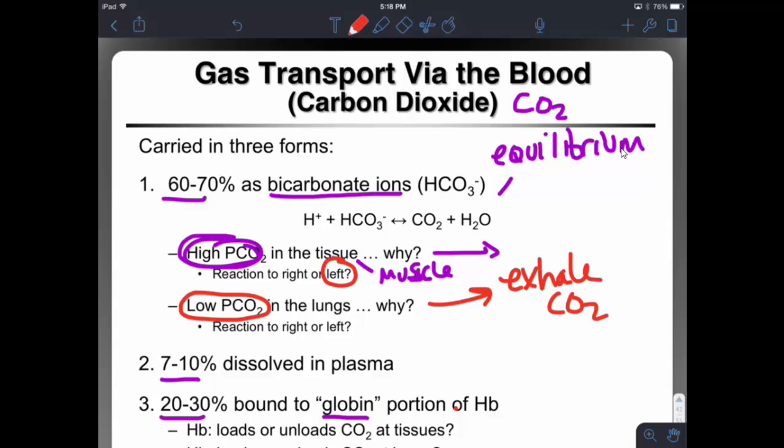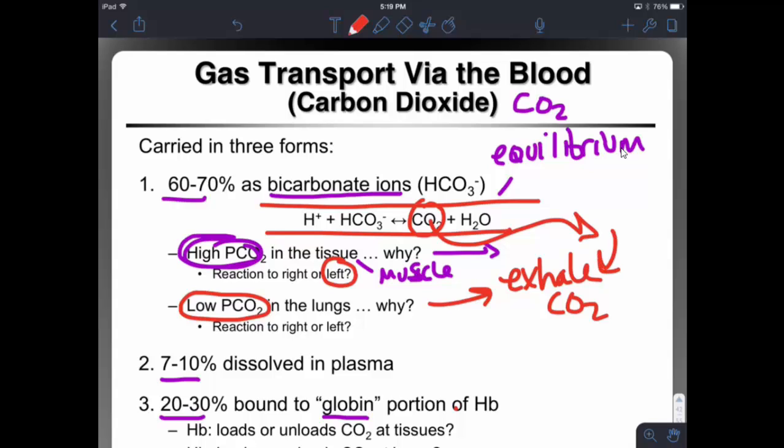So we're losing CO2 to exhale, and therefore the PCO2 is relatively low. This is also going to disrupt this equilibrium, and in order to re-equilibrate, this reaction will shift to the right to replace some of the CO2 that was lost. So in the tissues the reaction goes to the left, in the lungs to the right.